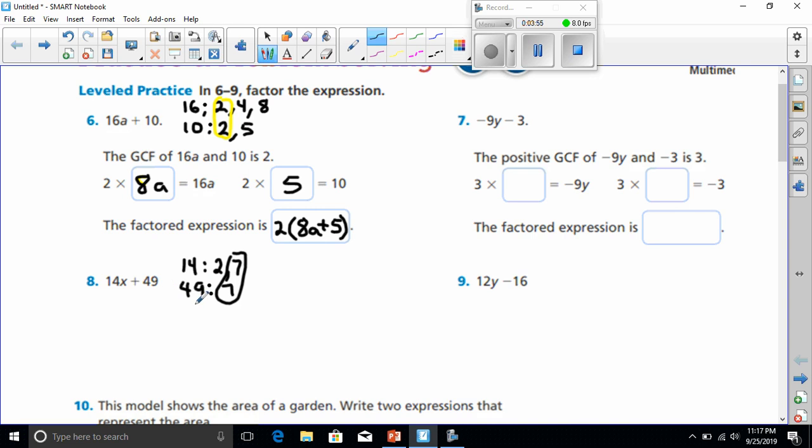So if I was to do this, I'm basically saying what number times 7 is going to equal 14x. And then I'm going to say what number times 7. I should use the dot now and not the times sign that they use sometimes, because as we've discussed, that's baby math and we need to get away from that. Is going to equal 49.